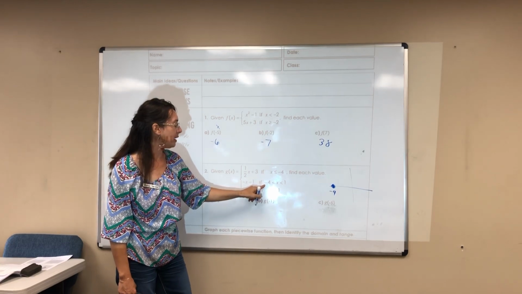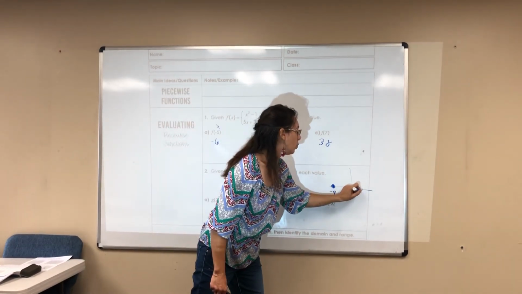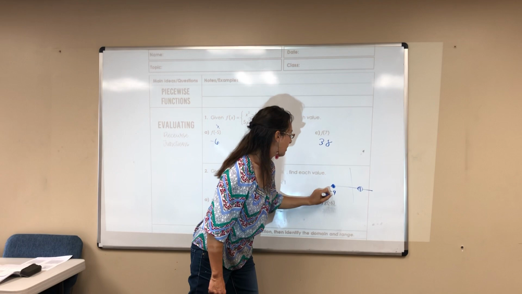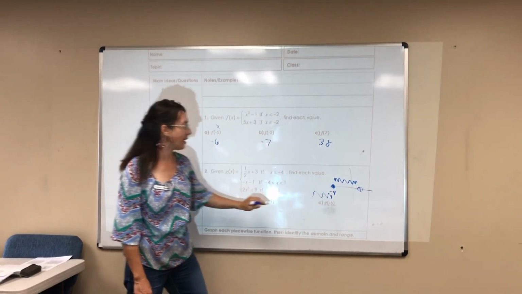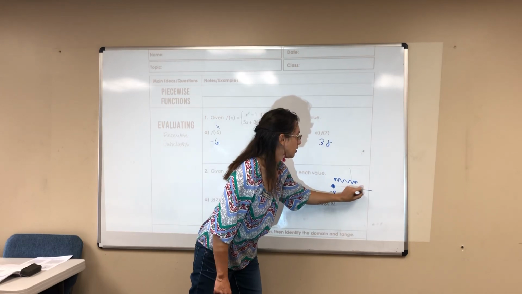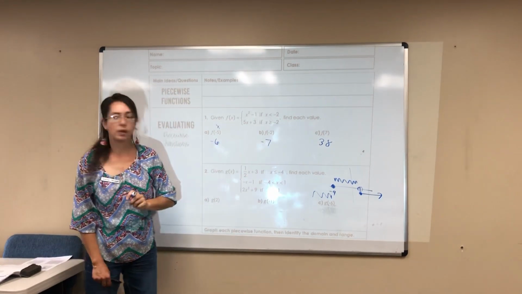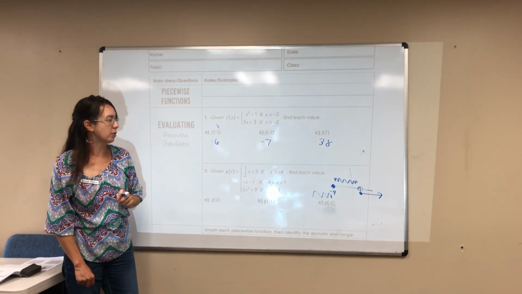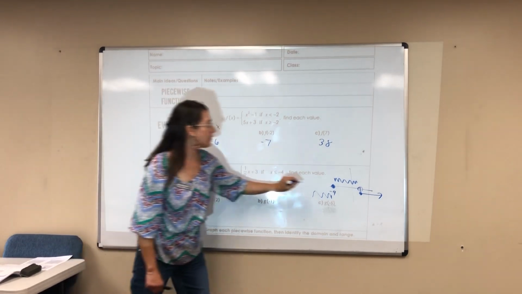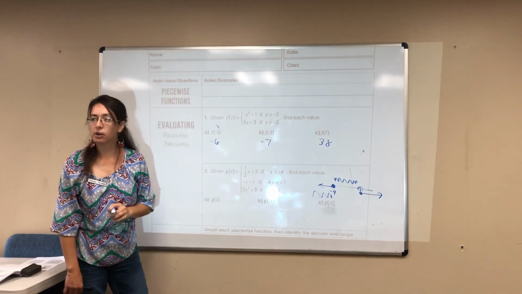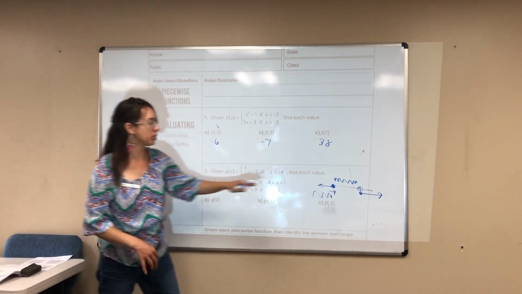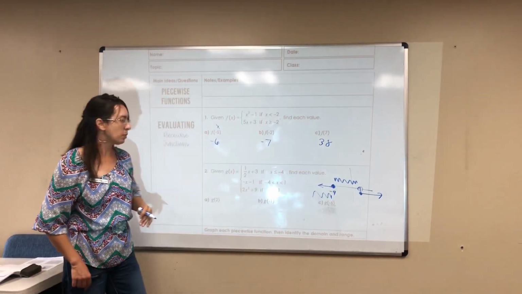I've got between negative 4 and 1, so I kind of have this section here, and then I've got things that are greater than or equal to 1. So this is how I would break up my graph. I've got 3 different sections here, so we've got to decide where we're falling.